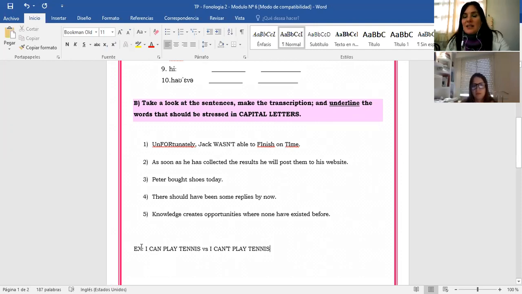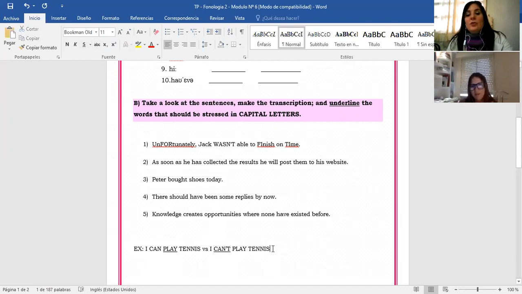Yes, in this case, if the sentence is affirmative, we have to stress the verb, not the can, not the auxiliary, but the verb. So I can play tennis, okay? I can play tennis. But if it is negative, you have to say, I can't play tennis. Okay. Do you see the difference?